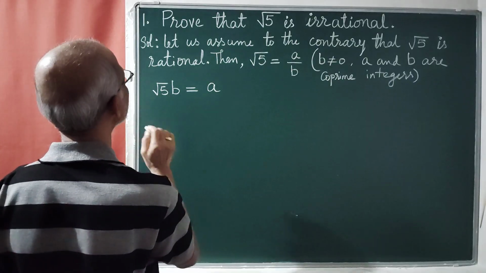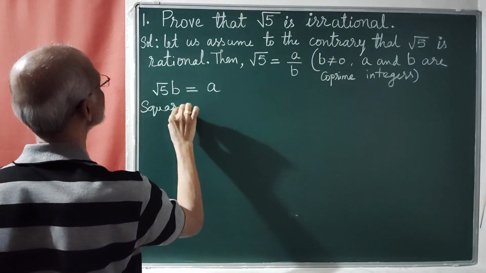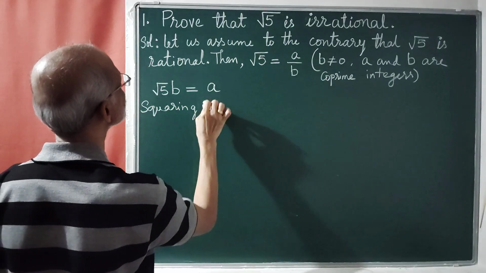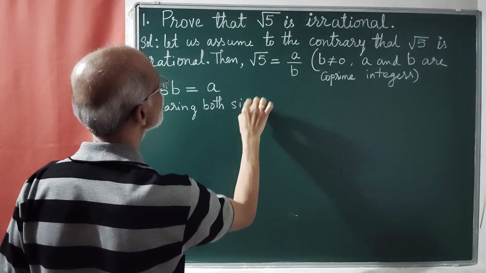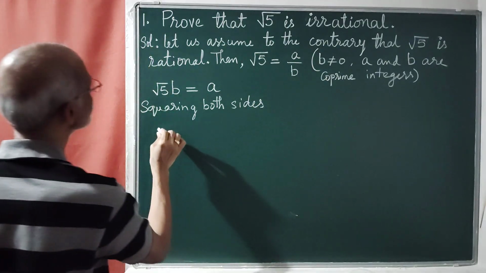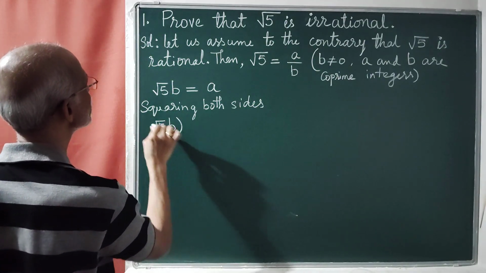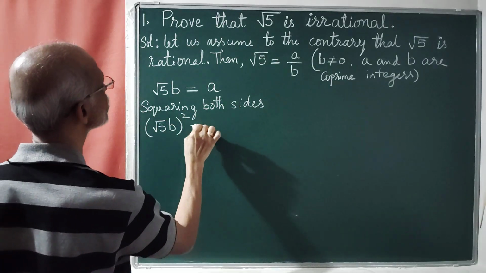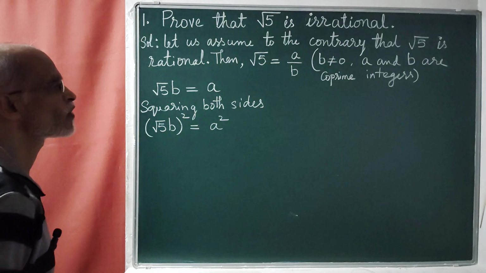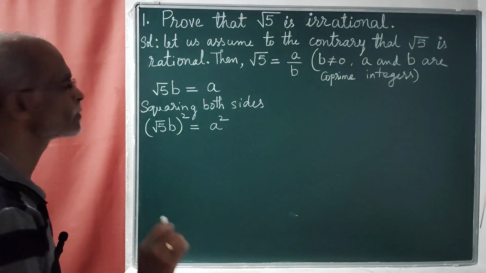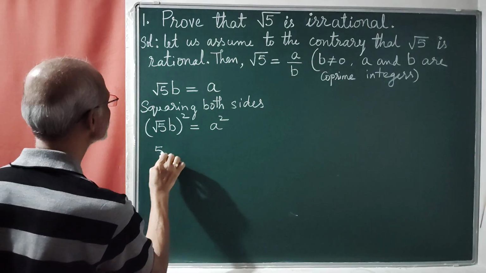Now we will square both sides. Root 5b whole square will be equal to a square. So here root 5b whole square means root 5b into root 5b.